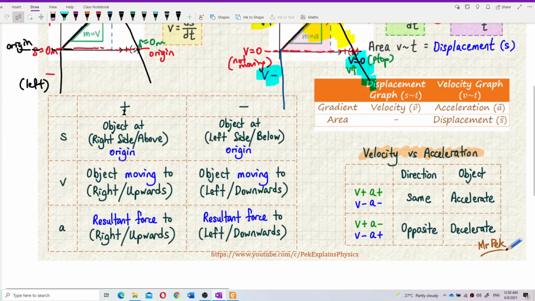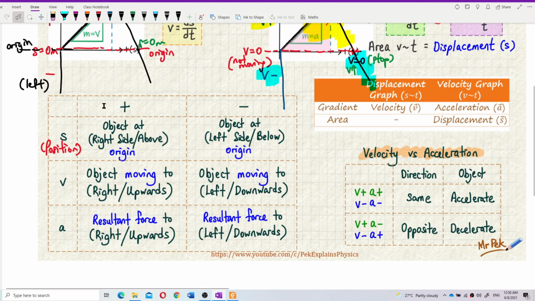Now this one also, you must understand what's the meaning of positive and negative for displacement, velocity, and acceleration. I hope you get this correct. Positive displacement means it's more to position. When talking about displacement, it's more to position.